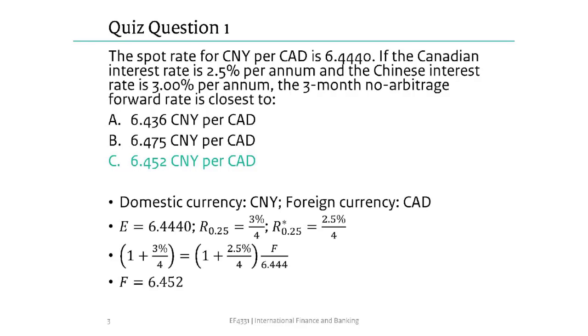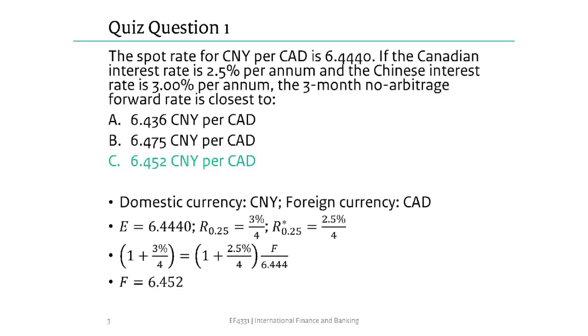The spot rate for CNY, the Chinese yuan per Canadian dollar, CAD, is 6.444. If the Canadian interest rate is 2.5% per annum and the Chinese interest rate is 3% per annum, the 3-month no arbitrage forward rate is closest to what? Based on the setup of this question, the first thing you should do is identify the domestic and the foreign currency.